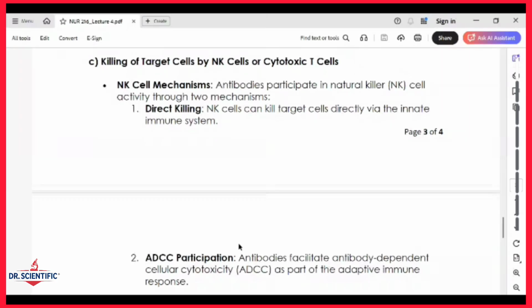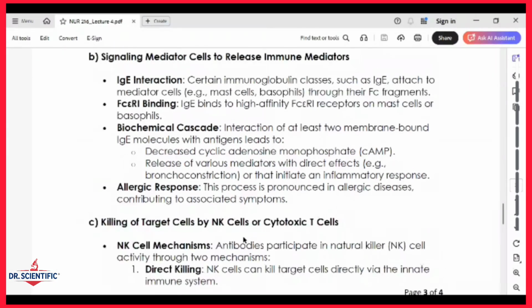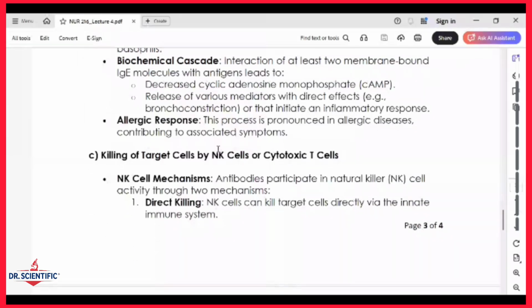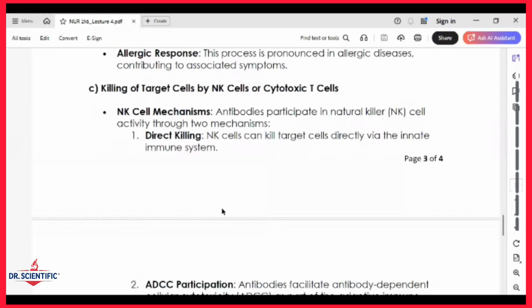What else? Yeah. Of course, antibodies are involved in killing target cells, and this would be via natural killer cells. You remember we talked about natural killer cells. We also talked about cytotoxic T cells, CD8s. They behave the same way. Cytotoxic T cells and natural killer cells have granzyme, they have perforin, and we know what that does.